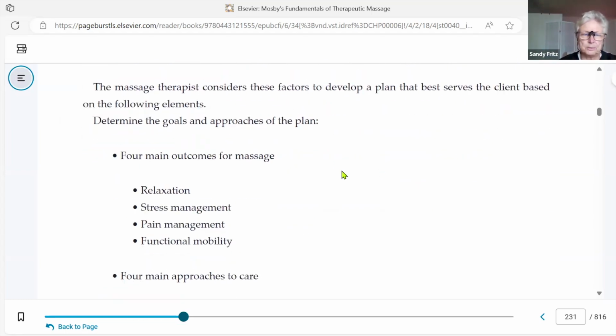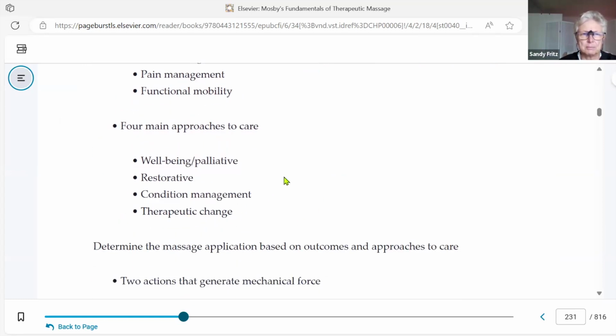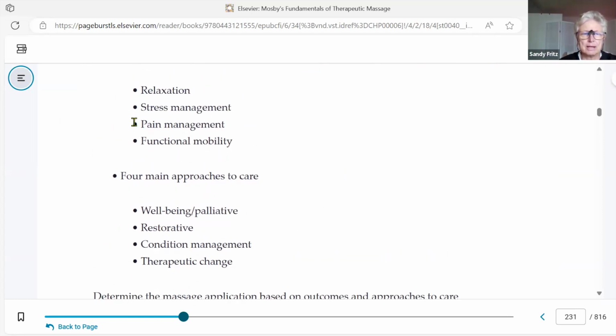So this is a review. This is how we're going to pull things together. Here are the outcomes. Here's the approach to care. So I could have a pain management outcome that's condition management, or I could have a pain management outcome that is palliative, or I could have a pain management outcome that's based on therapeutic change.